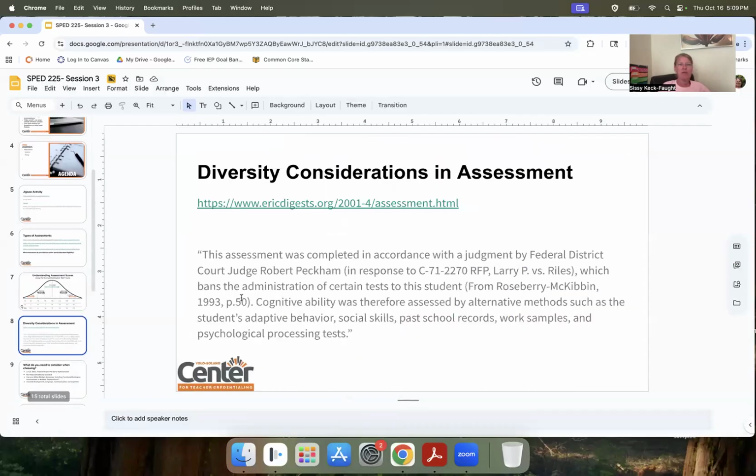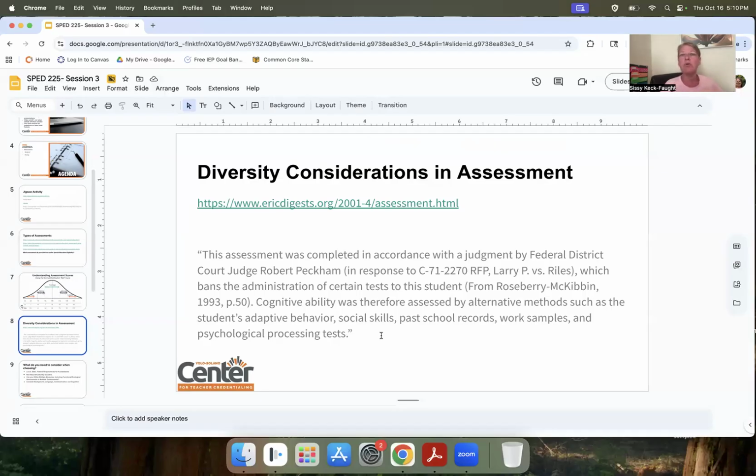One of the things you do need to give consideration to is that there was a judgment in a case back in 1993, Larry P. versus Riles. Essentially the outcome of that lawsuit is that the administration of certain IQ testing for students of African American descent is no longer permitted.